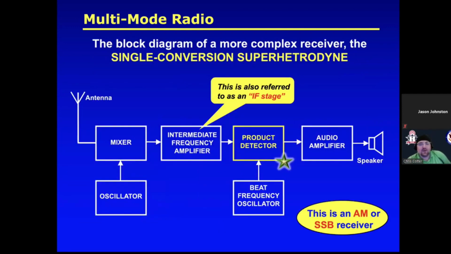All right. This is a single conversion superheterodyne. Such big words. Superheterodyne radio. This is going to be an AM or a sideband receiver. Your product detector. So what this is going to do, your radio is going to be listening to everything.